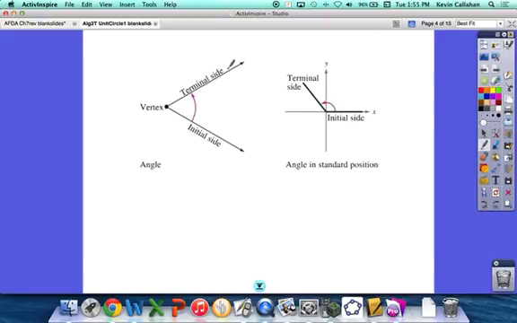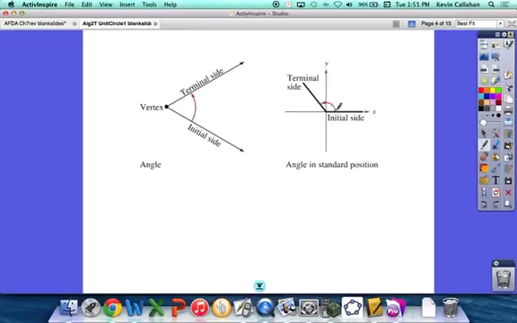But when we use it for trigonometry, there is a standard position for the angle. The initial side is always the positive x-axis. Always. And then the terminal side will be somewhere out here. In this case, they've drawn a terminal side in quadrant 2, and you can see that the arrow showing the opening of the angle is counterclockwise.